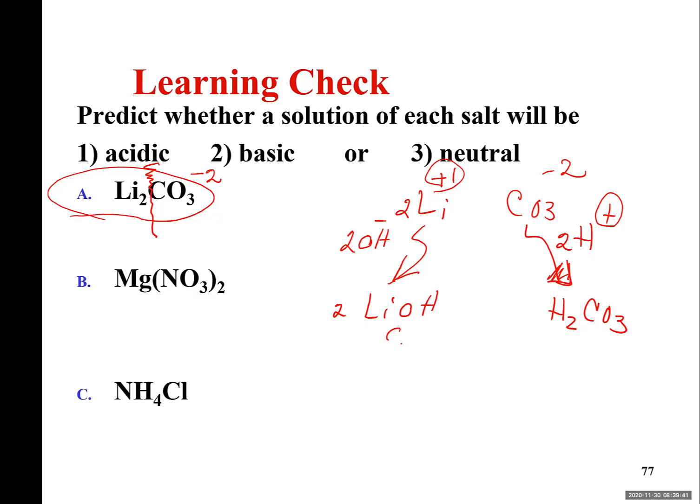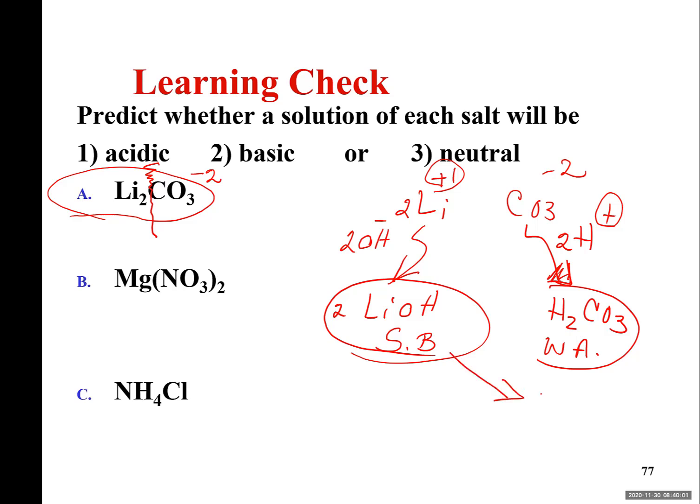Now this is the strong base. This is a weak acid. After checking the table of the acids, the stronger partner is going to take over. So the salt is going to be basic salt.